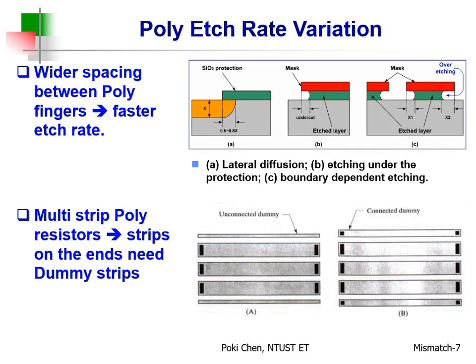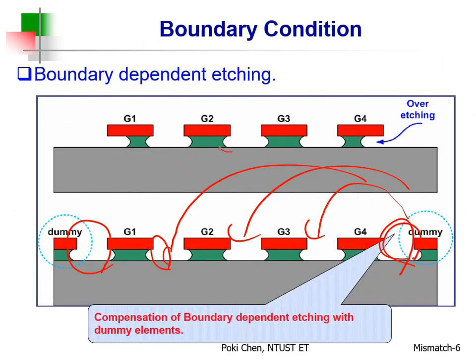And never mind, your polygate is in the middle or to the boundary. If you have a detailed look, you can see they have something called overetching. Again, this is what you draw during layout, but after fabrication, you get extra etching to both sides, right?